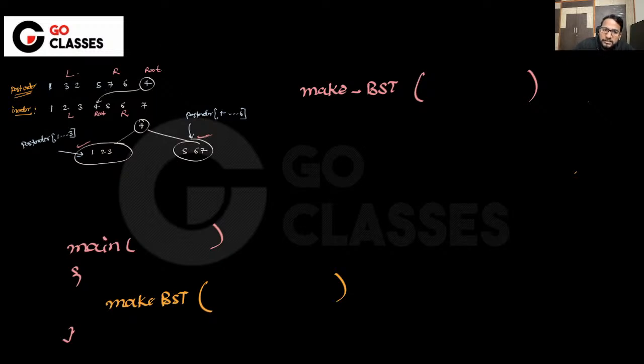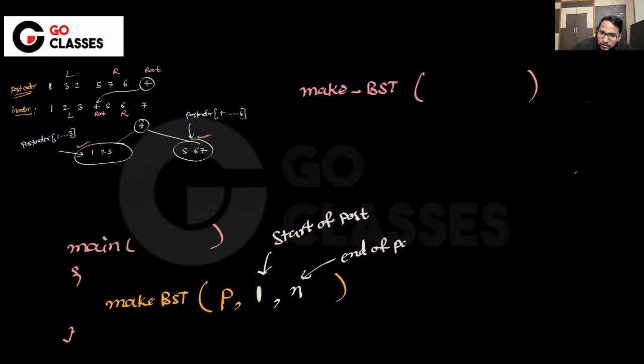So I will say that your post order is P, your starting index. Is this fine if I start the index with 0 or 1? Okay, I'm writing the pseudo code, so let me just start the index with 1, from 1 to n. This is the start of post order. This is end of post order. Okay, end of post order. And what else I need to give to the algorithm?